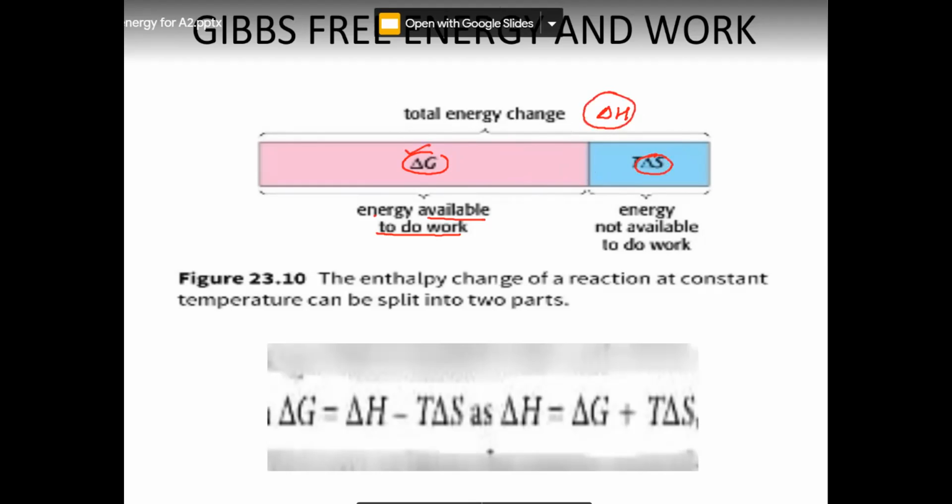We know that delta H, which we call the total energy, is the sum of Gibbs free energy and the energy which is not needed for work, that is actually used up in order to produce a disorder. So when you add them up, you have delta H.